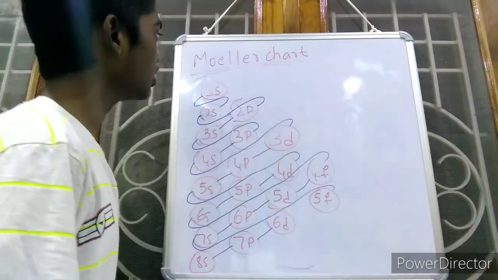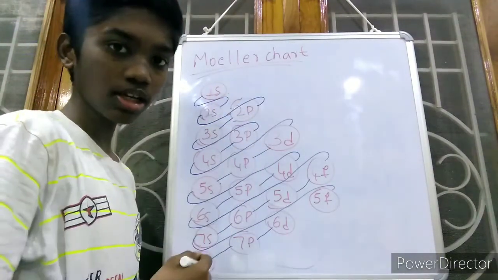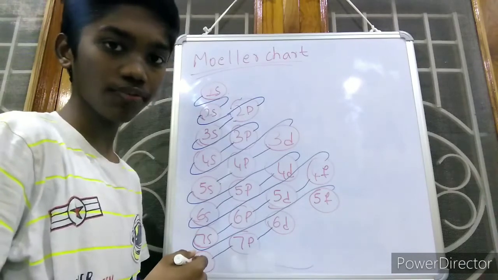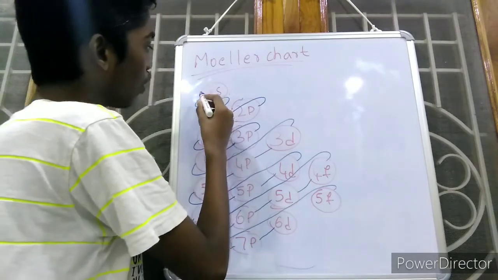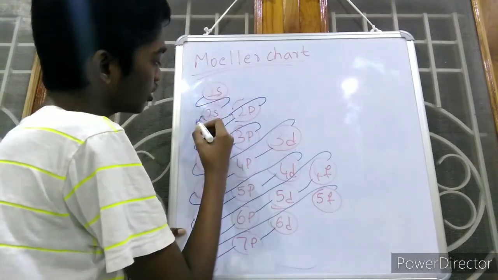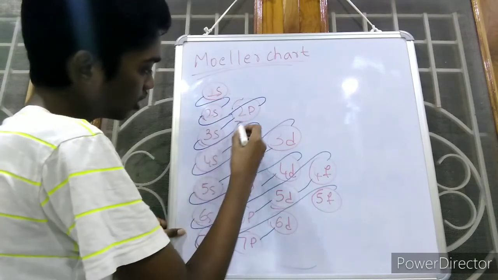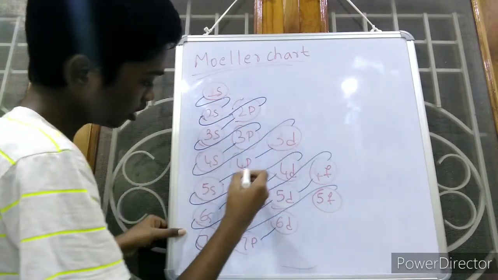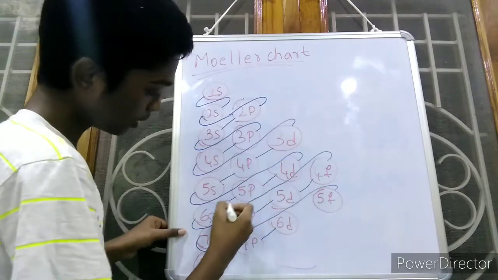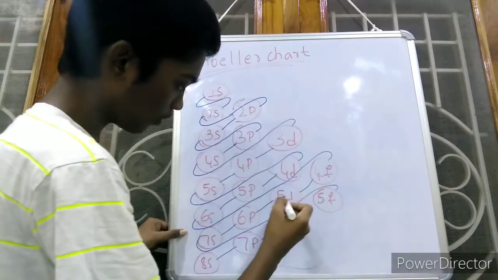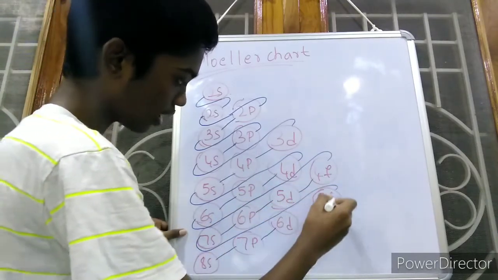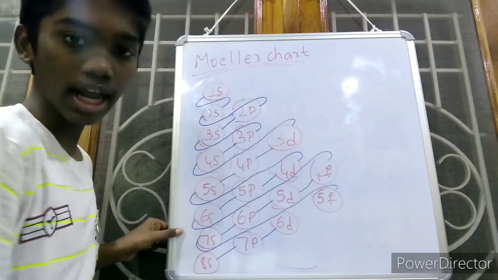So friends, this is the Aufbau chart, which helps us in writing the electronic configuration of elements. We have to follow this order: 1s, 2s, 2p, 3s, 3p, 4s, 3d, 4p, 5s, 4d, 5p, 6s, 4f, 5d, 6p, 7s, 5f, 6d, 7p and 8s.